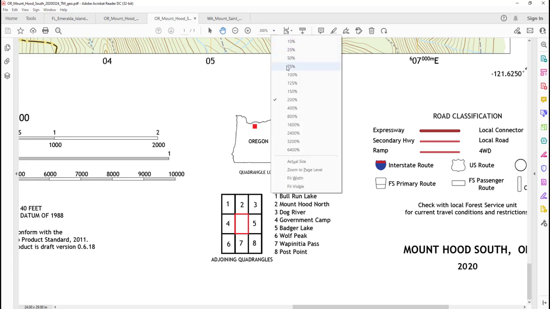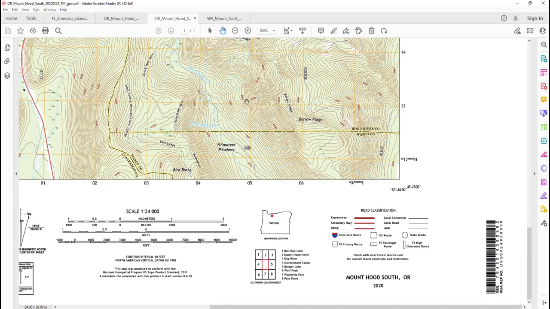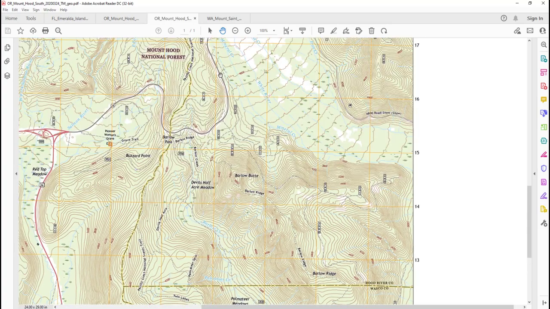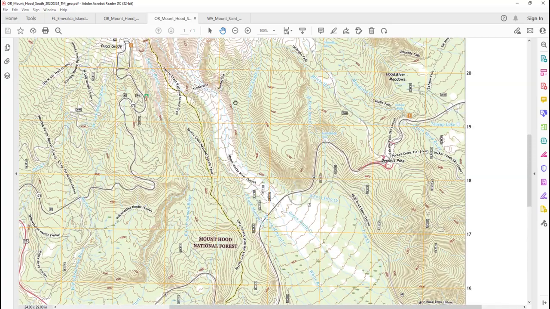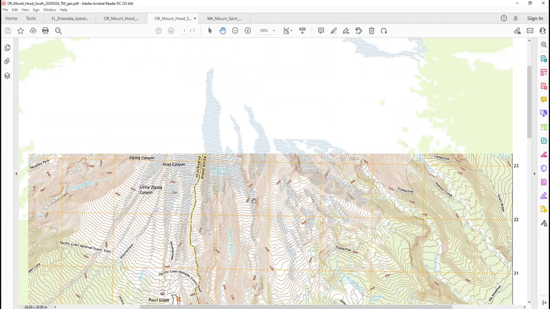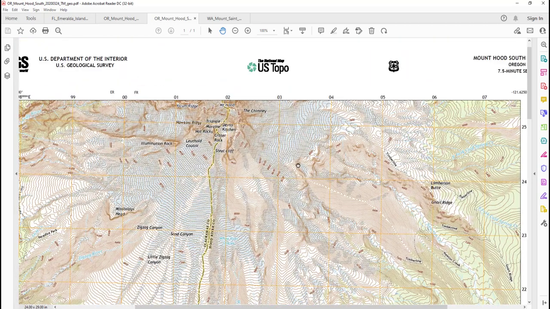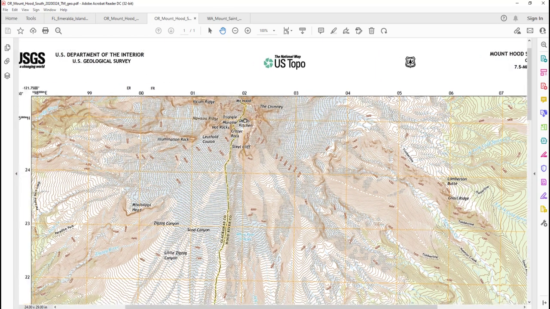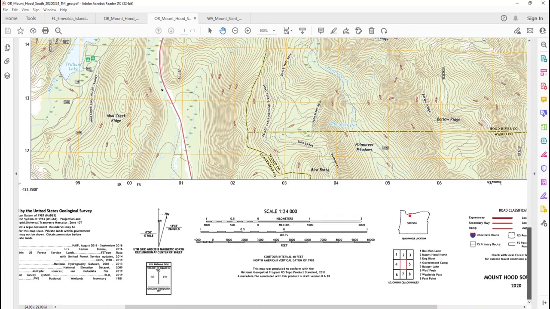If I take this back out to 100 real quick, I can see that Mount Hood ends up being, just by sheer bad luck, kind of at the top of this map. I can only see part of the volcano on this map. Well, if I go back down here, it tells me that the next map to the north is number 2.